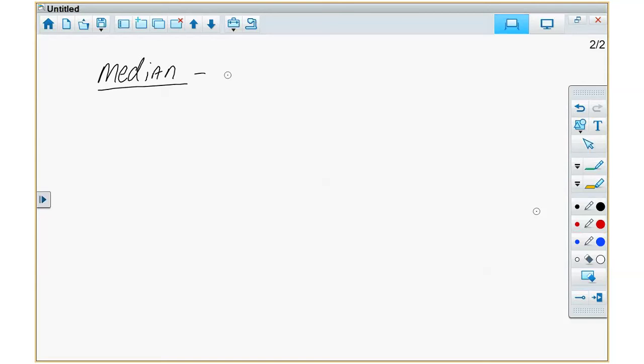If n is even, find the average of the two middle numbers.